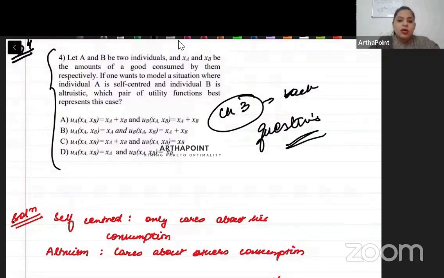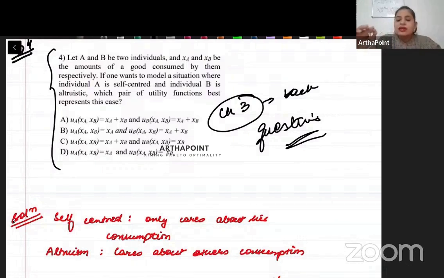A self-centered individual is any individual who does not think about any other individual. And an altruistic individual is one who is interested in the utility of other individuals also.